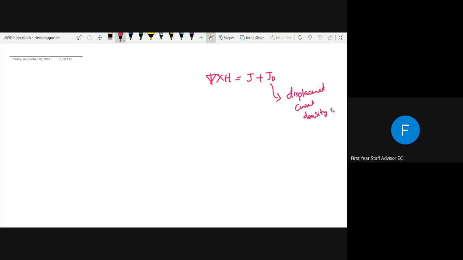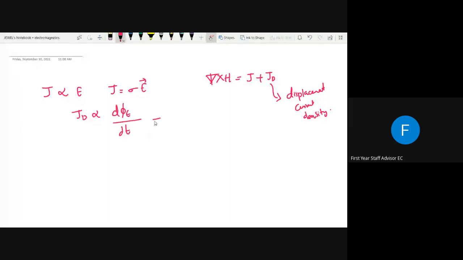Normally, conduction current density J is proportional to E, or writing Ohm's law, J is equal to sigma E. So in terms of conduction current, the current density is proportional to the electric field. But in case of displacement current, the displacement current density JD is proportional to the rate of change of electric flux, dou phi E by dou t.